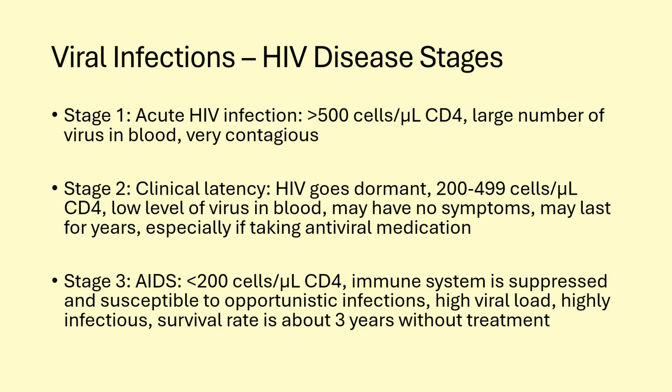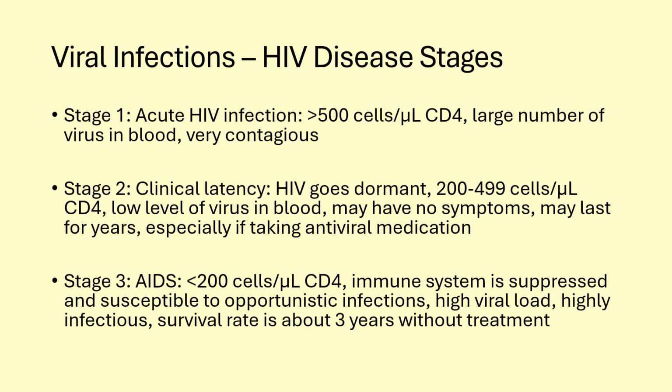Stage 3, this is when you finally have AIDS. You have AIDS when you have less than 200 CD4 cells per microliter. At this point, because the CD4 cells are so few, the immune system is now suppressed. That is what is making you susceptible to all of these other opportunistic infections. How many times with diseases have I said, oh, if you're immunocompromised, you're at high risk?